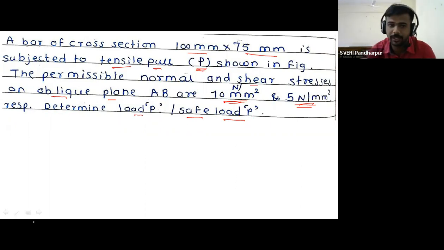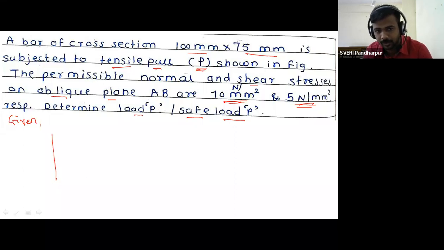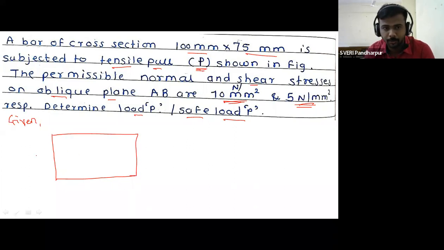So the figure I will draw here. So draw this particular figure. This is the member which is subjected to the load P. It is in tensile condition.